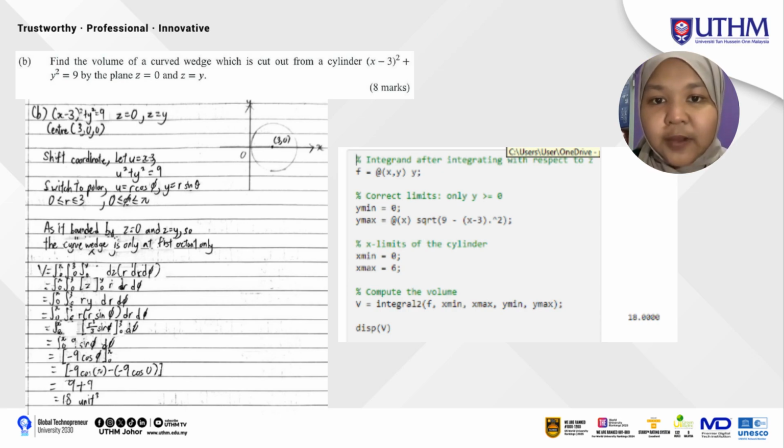After that, we integrate both sine and cos, and we got the answer, which is 18 unit square. And then from the simulation also, we get the same answer with the manual calculations.